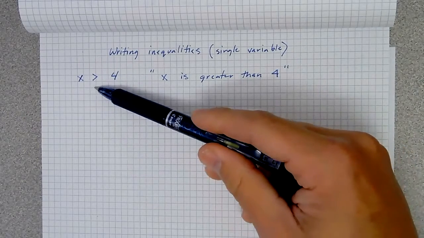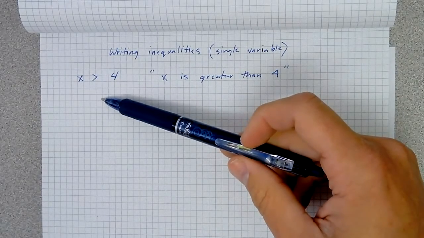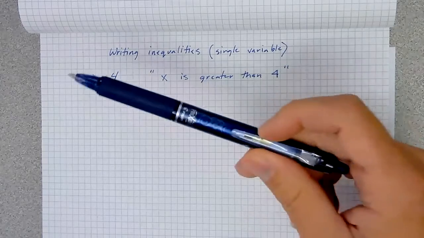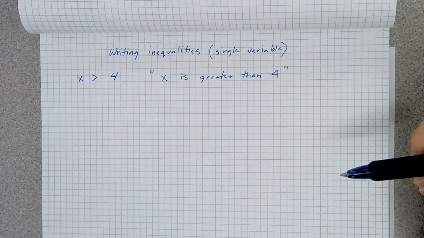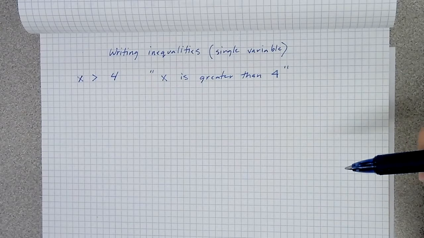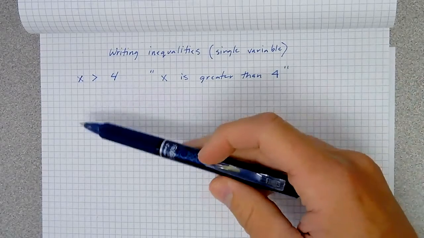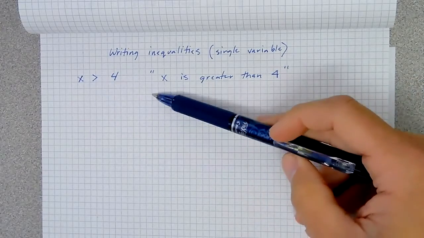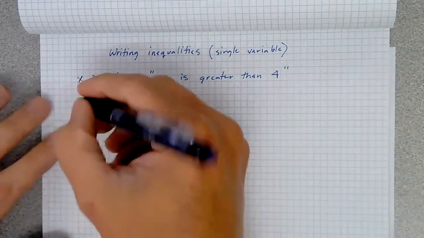Inequalities are written using a symbol like so, kind of like a little arrow that's either pointing to the left or to the right. In this specific example, this is read as x is greater than 4.